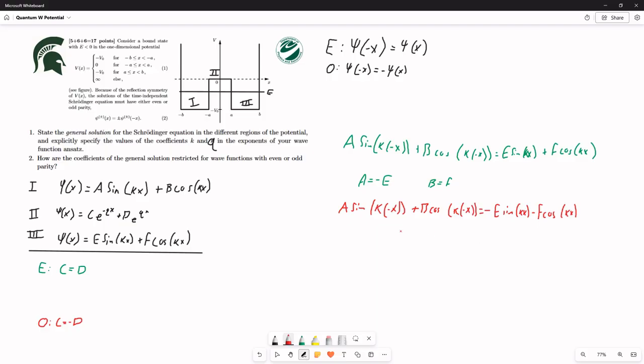Again, matching up the sines and cosines, we get that a is going to be equal to e, and we get that b is going to be equal to negative f.